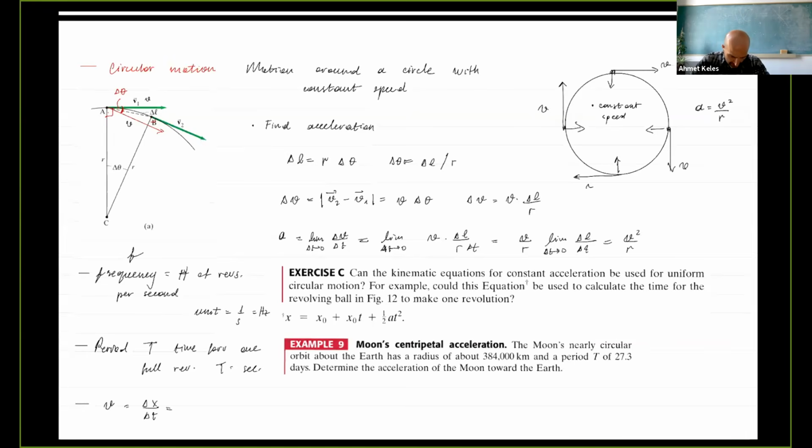For delta x, we can take the full circle, 2 pi r, and delta t is the period. Or you can write it in terms of frequency, 2 pi r times f. I just introduced f and T, and I calculated v in terms of radius and f, or radius and T.